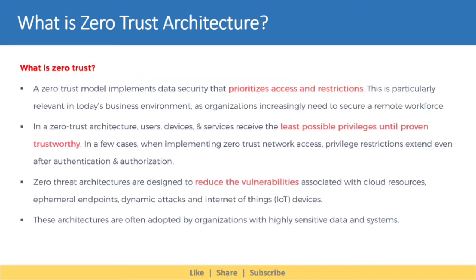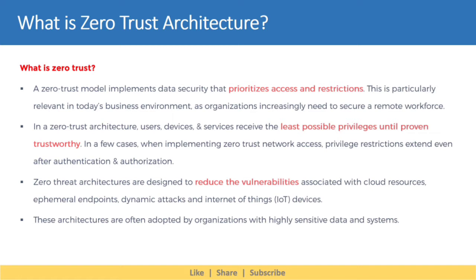But let's take a step back and talk about what we mean by Zero Trust. A Zero Trust model implements data security that prioritizes access and restrictions. This is particularly relevant in today's business environment, as organizations increasingly need to secure a remote workforce. In a Zero Trust architecture, users, devices, and services receive the least possible privileges until proven trustworthy.